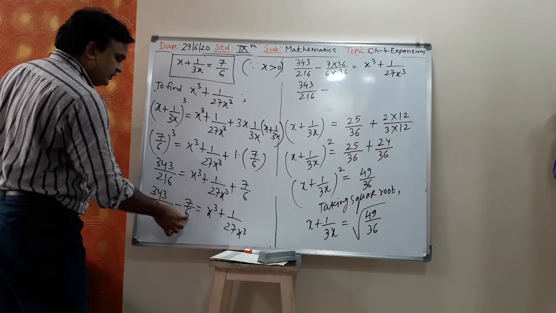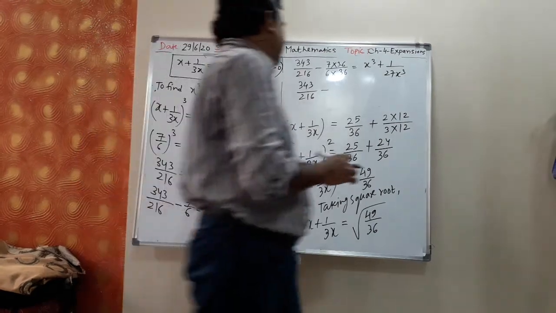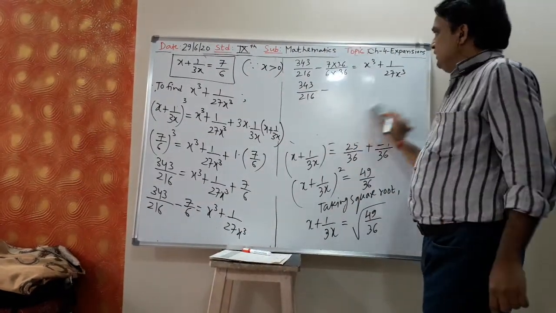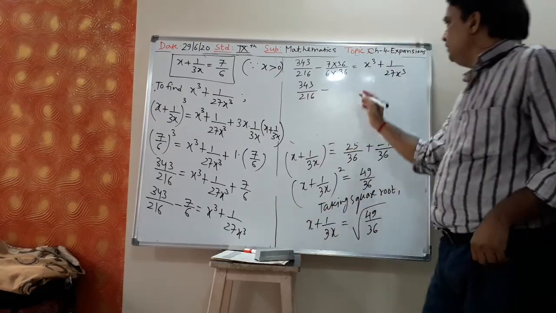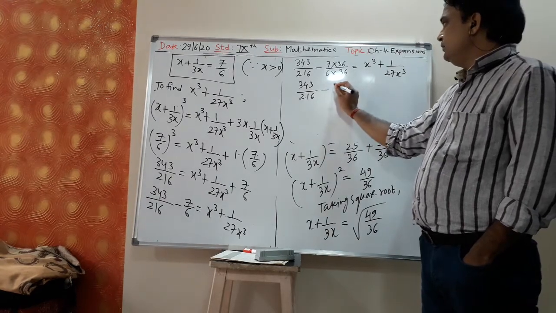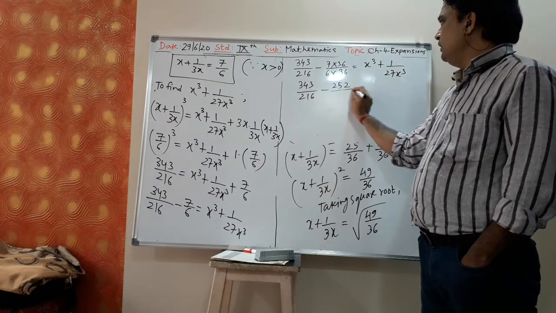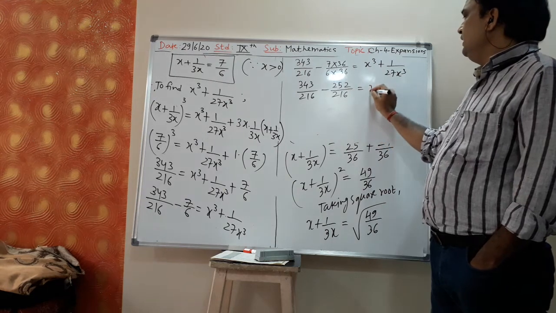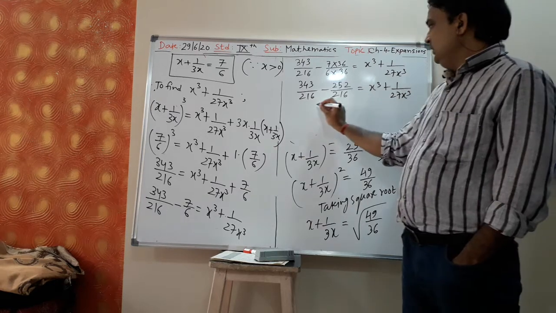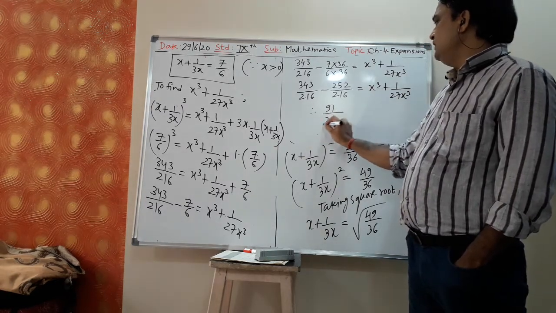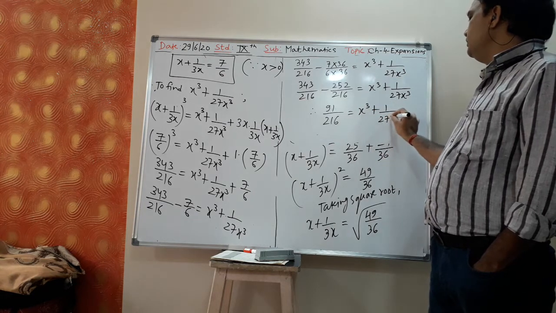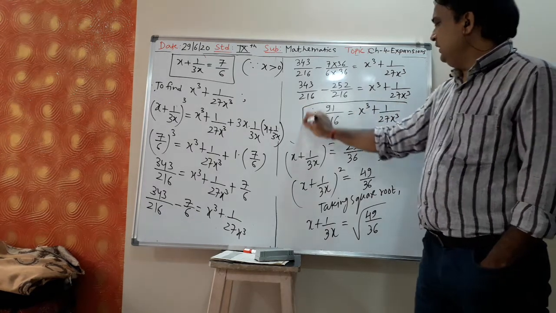So 36 into 6 is 216. So multiply numerator and denominator by 36. So 7 into 36: 7 6s are 42, 7 3s are 21 plus 4, 252 upon 216 is x cube plus 1 upon 27 x cube. Now, 91 upon 216 is x cube plus 1 upon 27 x cube, and this is the final answer.